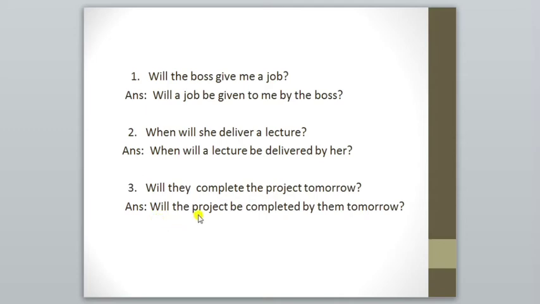Will the project. Be, past participle is completed by, object pronoun of they is them tomorrow. Will the project be completed by them tomorrow? This is the answer. Okay. Next.